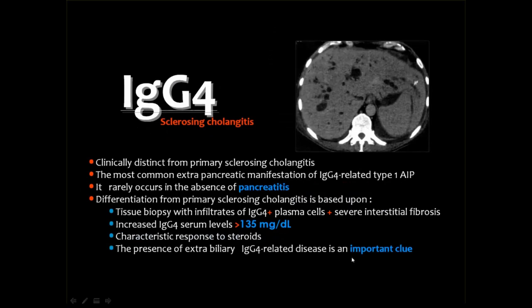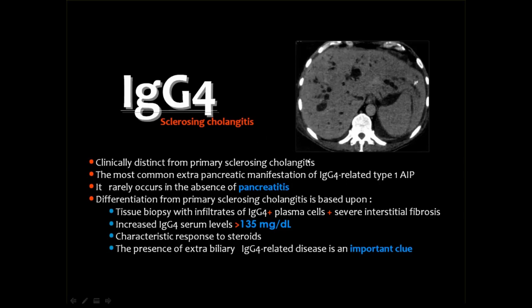Then we come to the second abdominal manifestation of this group of diseases, which is sclerosing cholangitis. This sclerosing cholangitis is different from the primary sclerosing cholangitis. This is an autoimmune or IgG related sclerosing cholangitis.